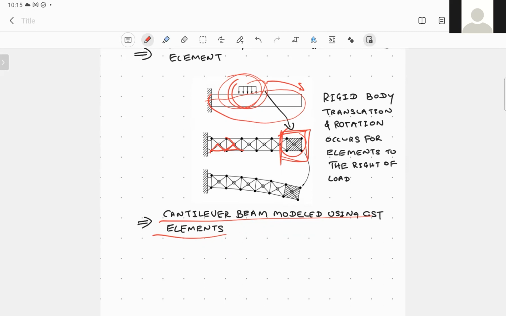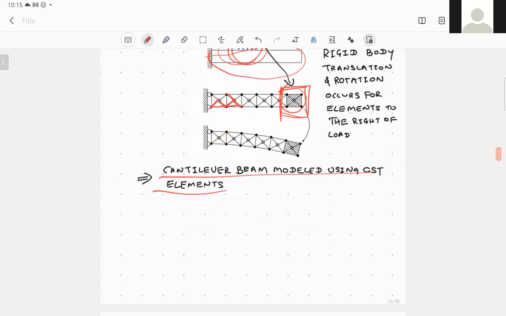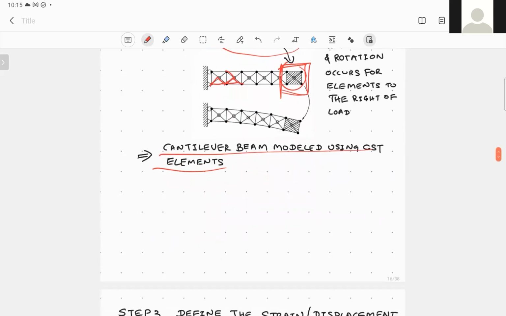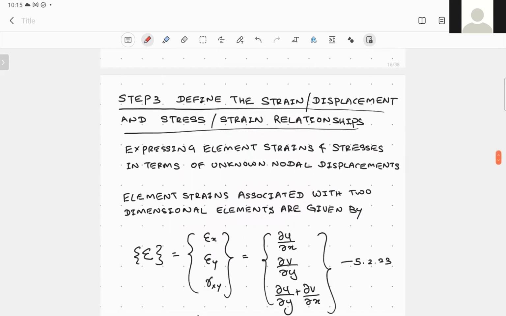Okay, and in the next step now, as we did in previous cases, we have to define the stress strain relationships, and of course the strain displacement relationships. Since we already know that these elements are subjected to rotation and translation, we already defined how to quantify the rotations and the translations in the previous figure.